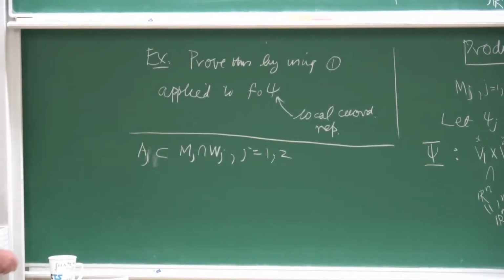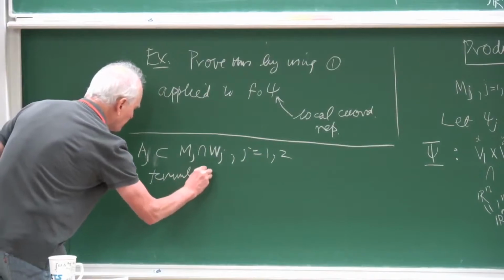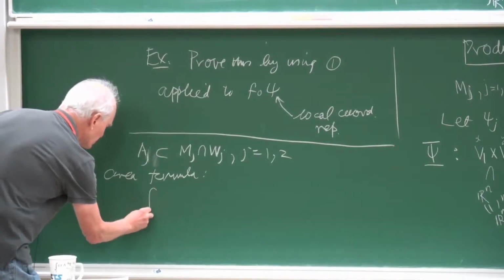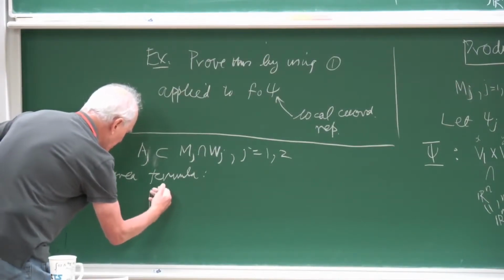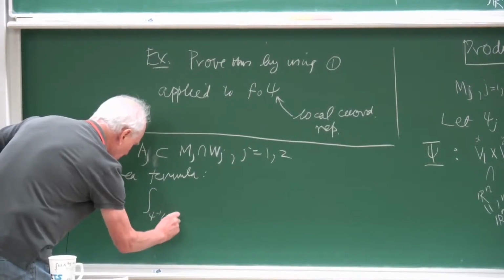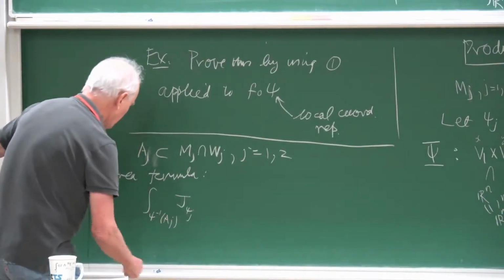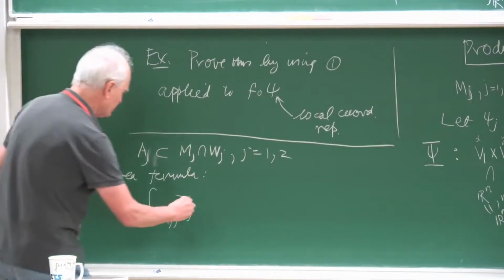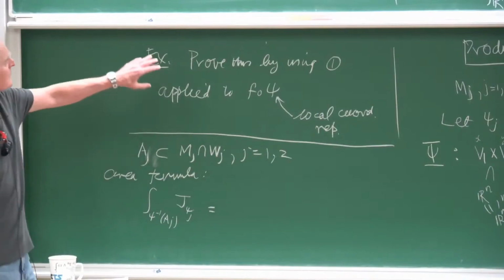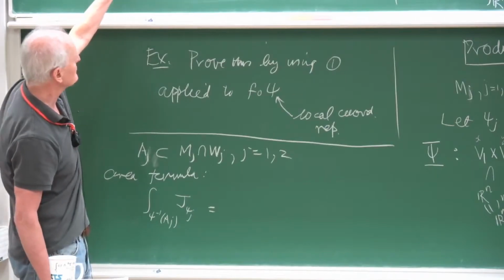Okay, and then according to the area formula from Euclidean space, that tells us that the integral of phi_j^(-1)(Aj) times the Jacobian of phi_j is equal to, now remember local coordinate representations are one-to-one, so instead of getting this complicated thing, you simply get the n-dimensional measure of the image.